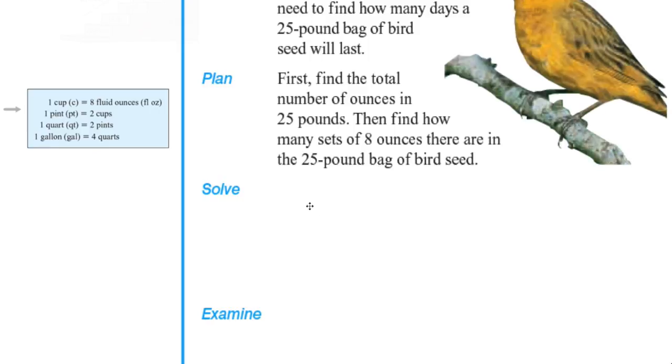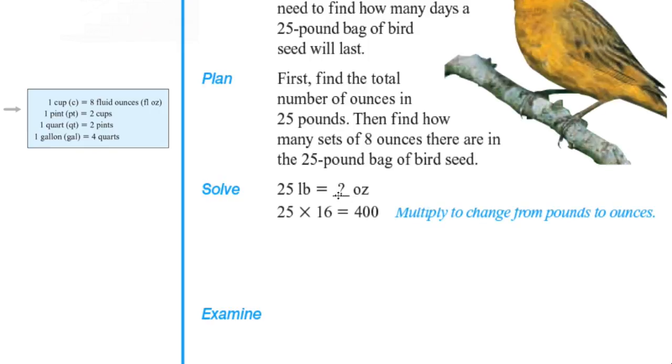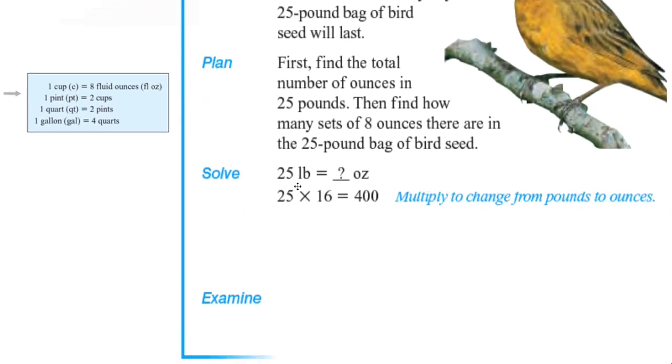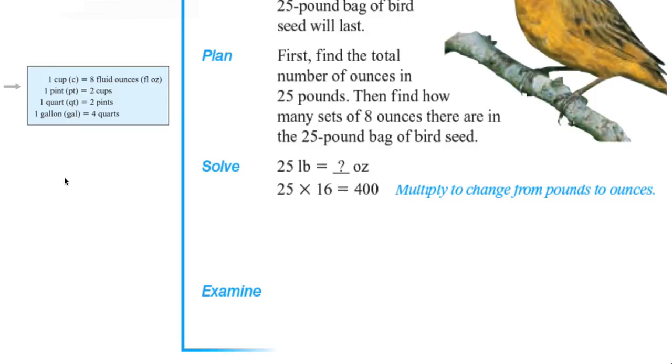So this is what we need to do. We need to solve 25 pounds is equal to how many ounces. I think we're using the wrong chart because we need to use our staircase. Let me paste my staircase here. There we go.